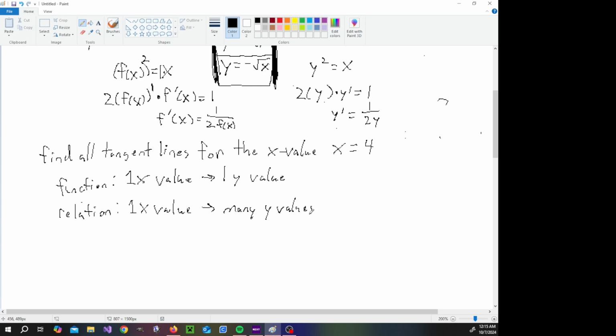Because we're sitting inside of implicit differentiation, we must not be able to write things as a nice and clean function.